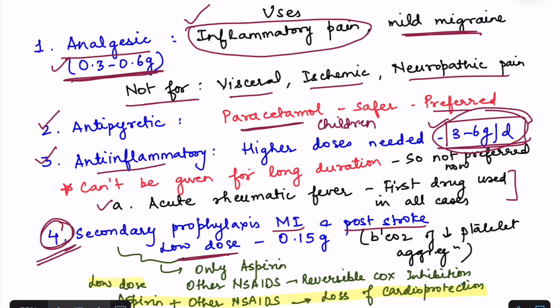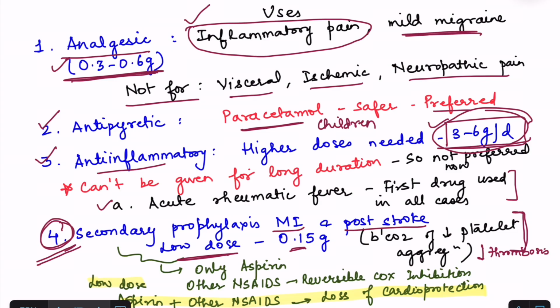Okay, so what happens? As this aspirin is given, more and more irreversible inhibition of COX in platelets continues, and even more platelets are being added in the circulation. There also that inhibition occurs. Okay, so this causes decrease in platelet aggregation and hence decreased chances of thrombosis.